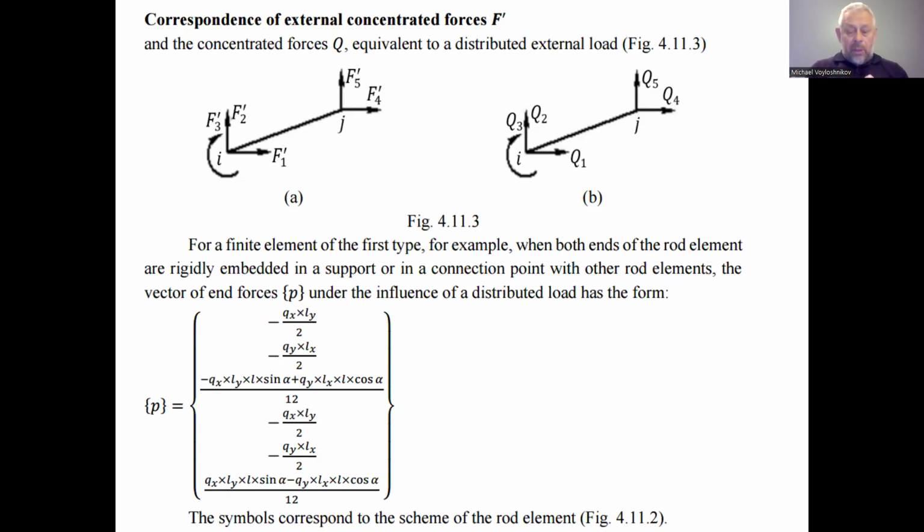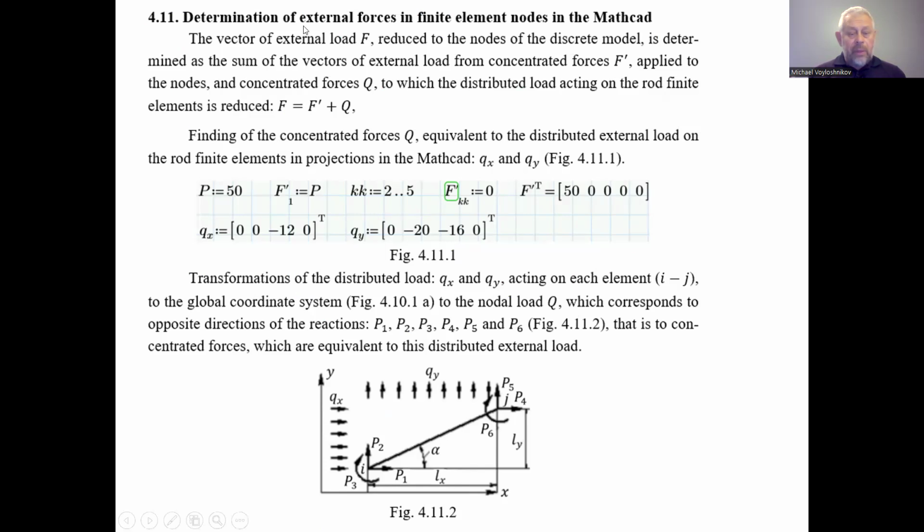And due to the formula of determination of the vector of the external load acting on the nodes of the finite element, because we have to use the finite element method when determining the efforts in the finite elements of the mechanical system, we have to find the total of two vectors: the vector of the external forces applied concentrated to the nodes of the mechanical system, and the vector of the concentrated load which we adopt to the nodes of the mechanical system instead of the distributed load of two components qx and qy, parallel to the abscissa axis and to the ordinate axis.